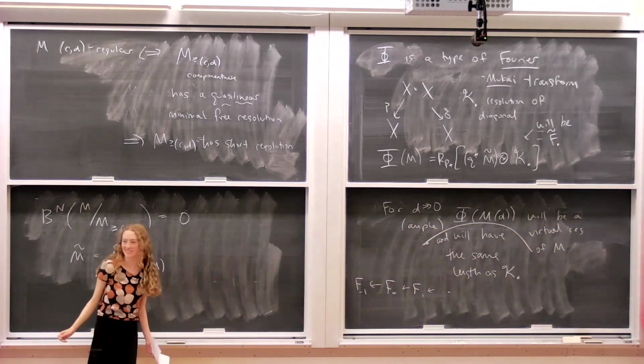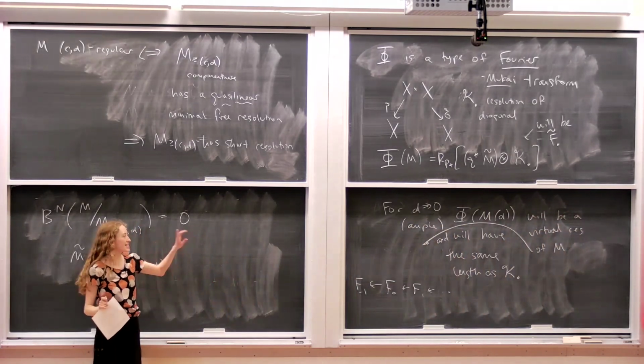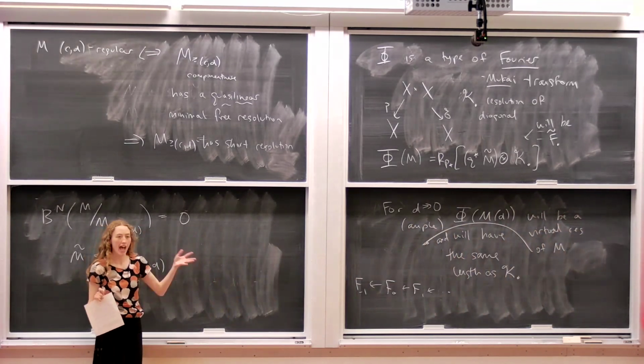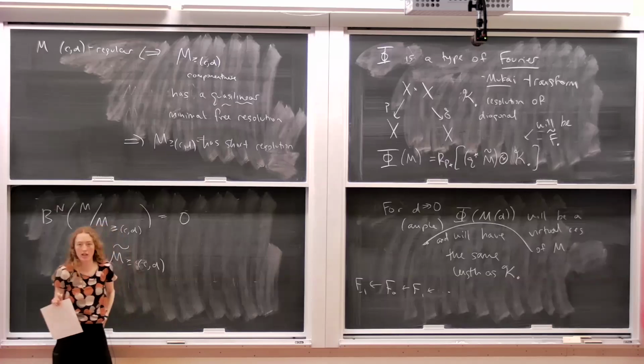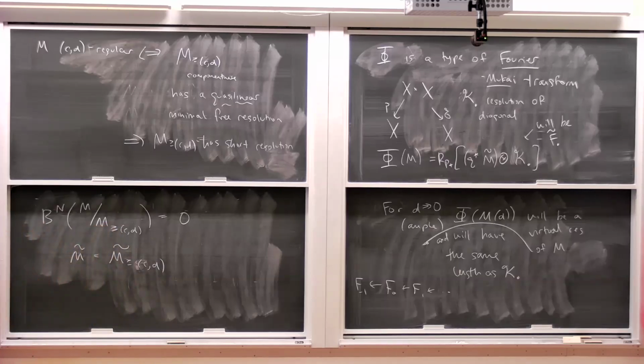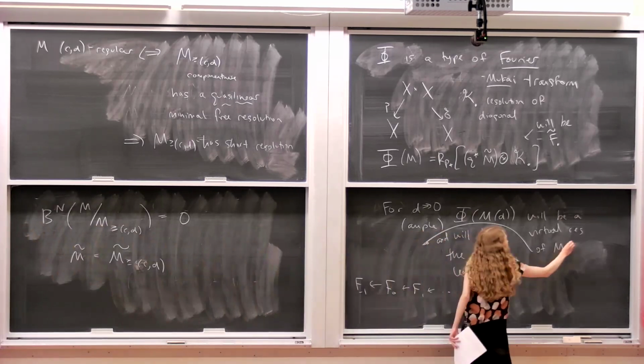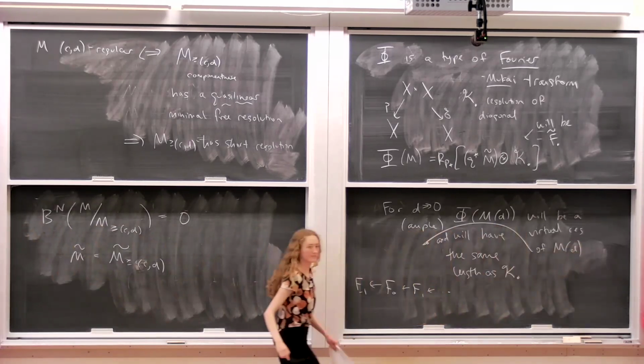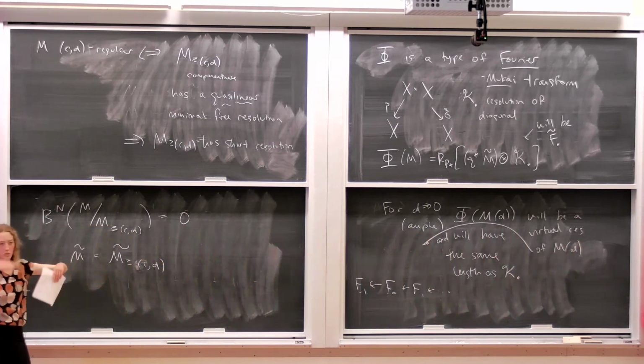Okay, thank you. Somehow the fact that it gives a virtual resolution of M just comes straight out of the machinery. The new part is that you can get it to be short. Other questions? Yeah. Oh yeah, thank you. But you can just twist it back down.